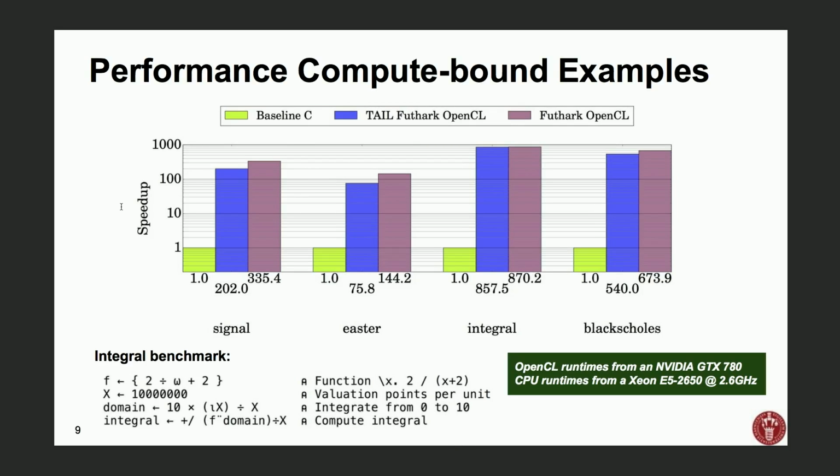I'll just give you shortly some benchmarks, showing that it actually runs for these compute-bound examples, like some signal processing. There's also something calculating the date of Easter quite a few times. The integral example, as we saw before, and then some Black-Scholes financial calculation of option prices.